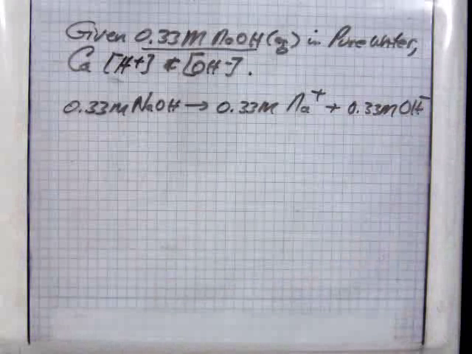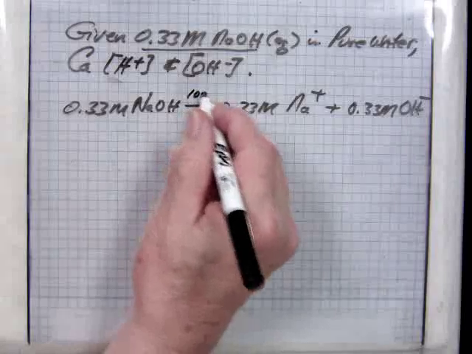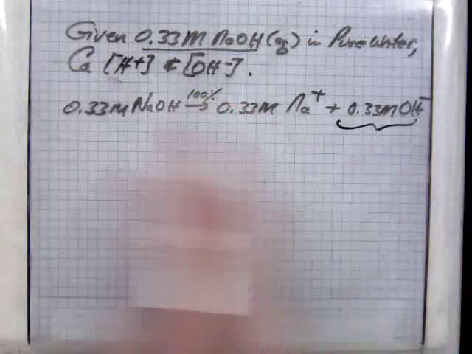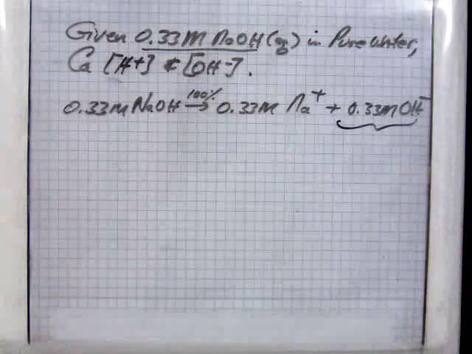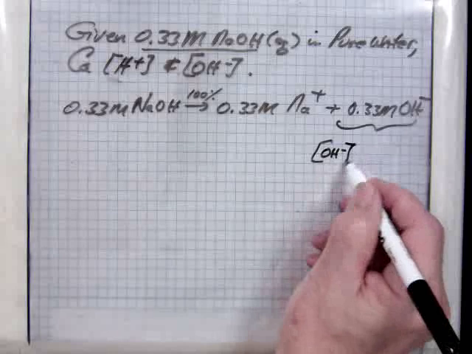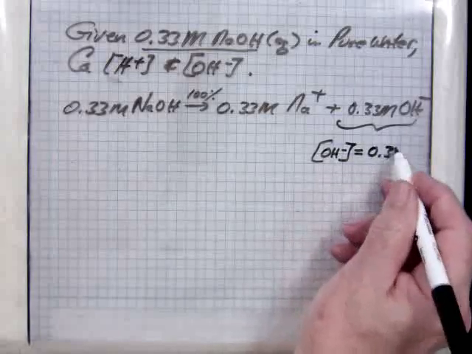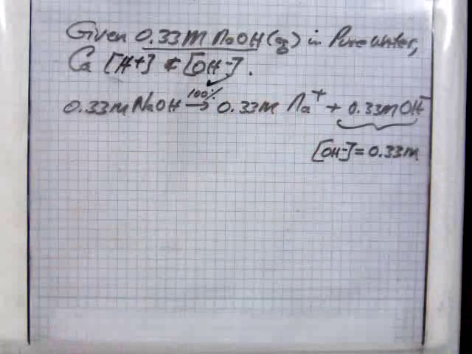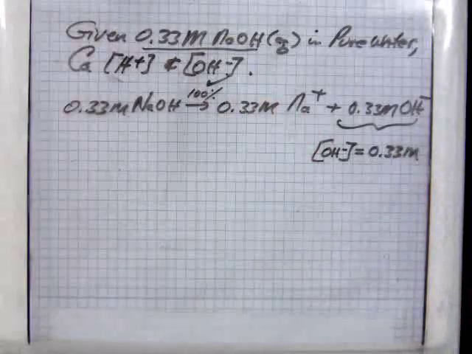As a strong electrolyte, it ionizes 100%. So from this, we can directly read the hydroxide ion concentration is 0.33 molar. And so that takes care of the hydroxide concentration in the problem.